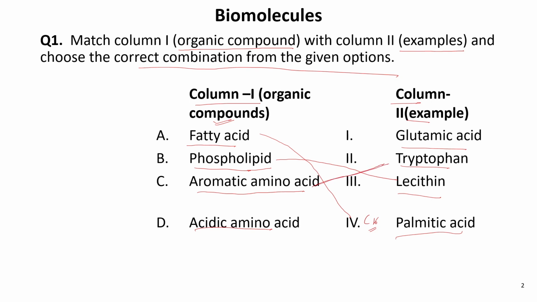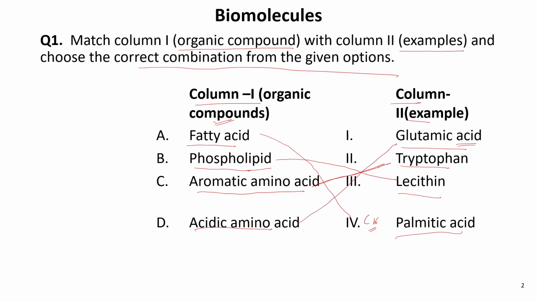Aromatic amino acid, tryptophan. Tryptophan is the aromatic amino acid. And acidic amino acid, as the name indicates, glutamic acid. The other amino acid that is acidic in nature is aspartic acid. So glutamic acid and aspartic acid are the two examples of the acidic amino acid.